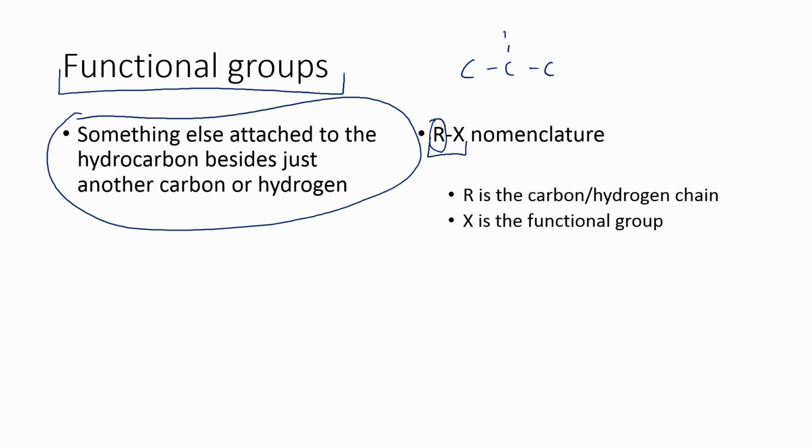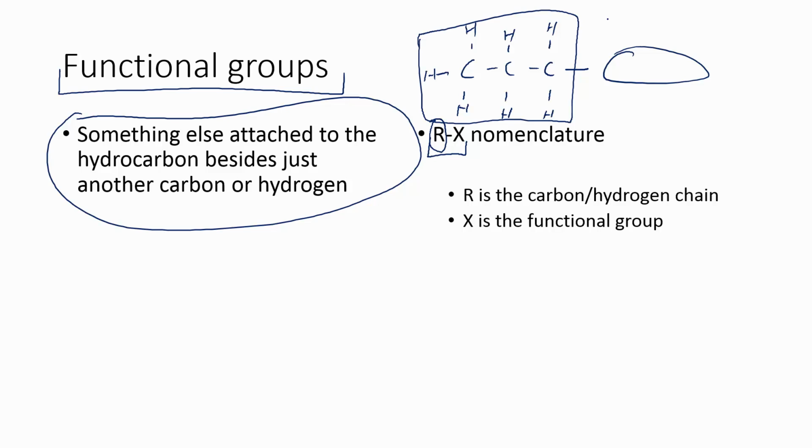So we could have this big chunk of molecule, and this big chunk of molecule might be attached to some functional group over here. This whole thing, the carbons and the hydrogens portion, is R. The whole thing is just represented by the letter R. And then X is whatever the functional group is. So whatever that is, as complicated as it is, it's all just represented by something attached to R, to an R group.